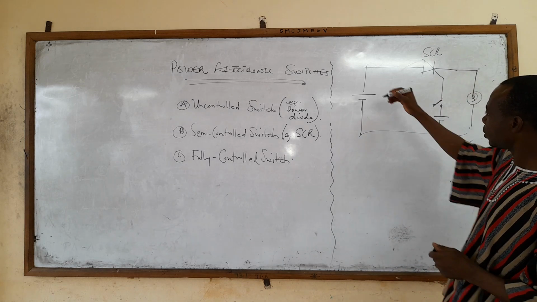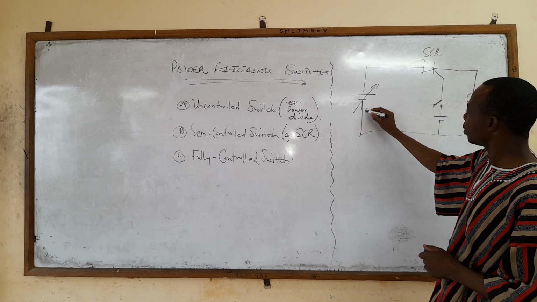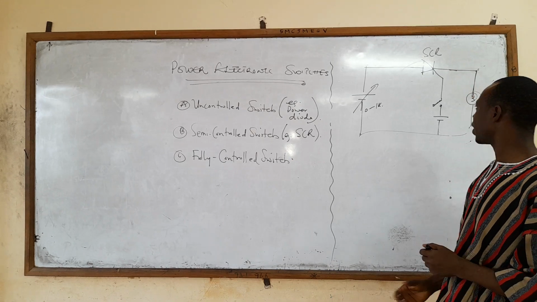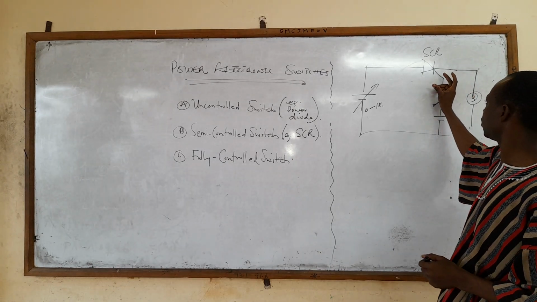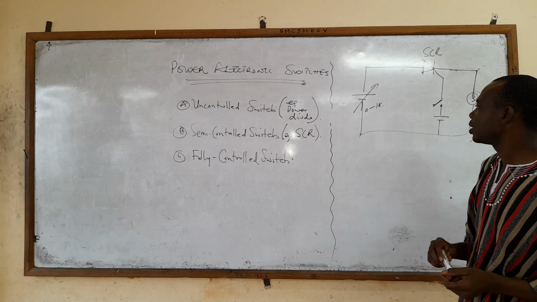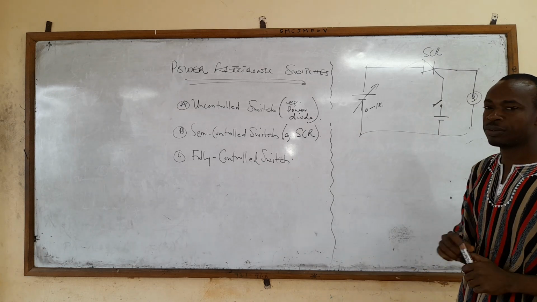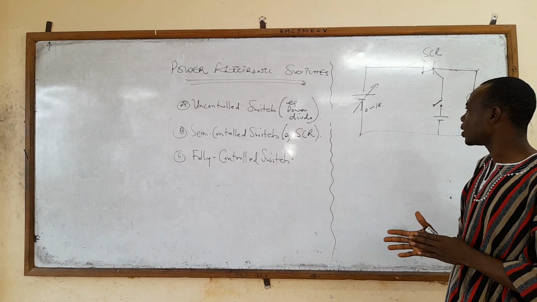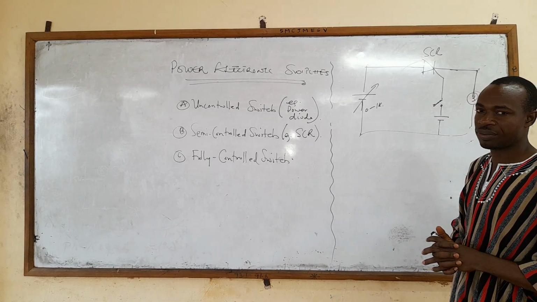If I apply a voltage at this point, 0 to maybe 1 kilovolt, without doing anything to the gate, this thing can still turn on. This is what we always say is undesirable. Why?